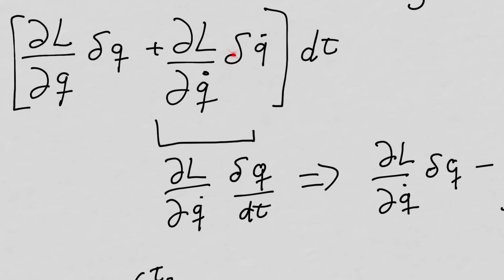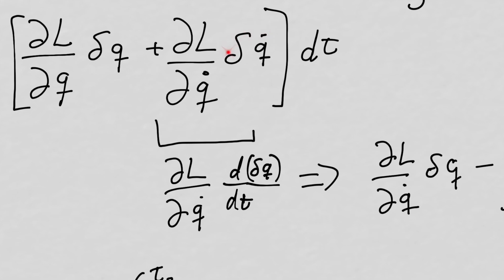the variation of the generalized velocity q dot. And that variation is actually, let me put it better, it should be d by dt of delta q.